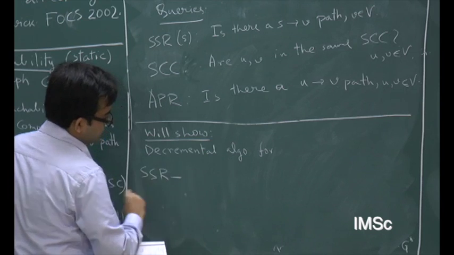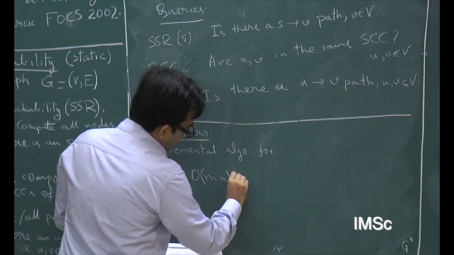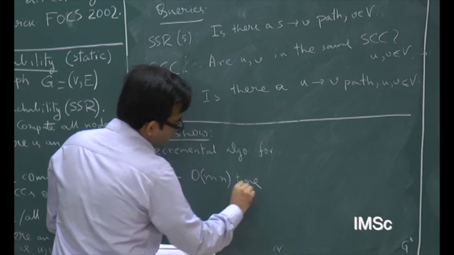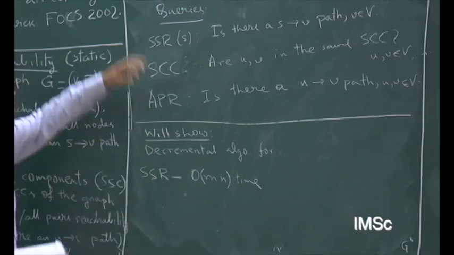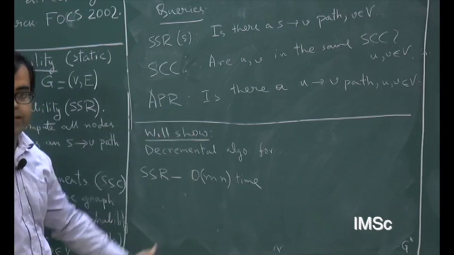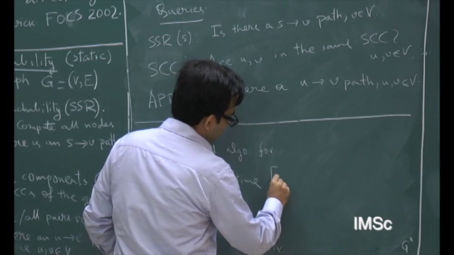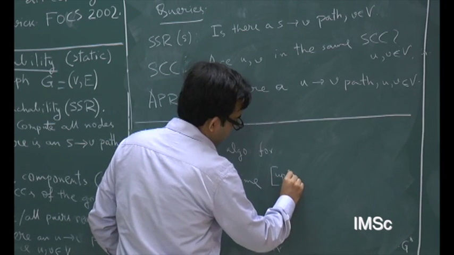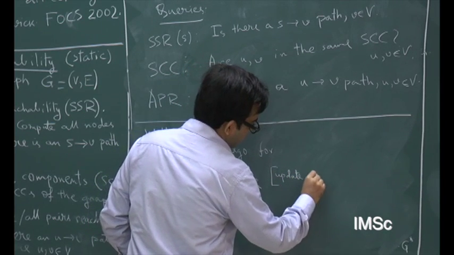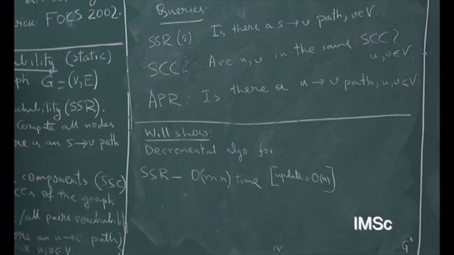For single source reachability, this is the total time, meaning you start with a graph of m edges, then you delete those edges one after another. What is the total time you spend? So the amortized update time is O of n, because you are going to delete m edges.